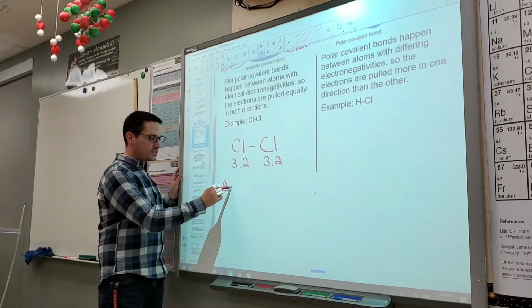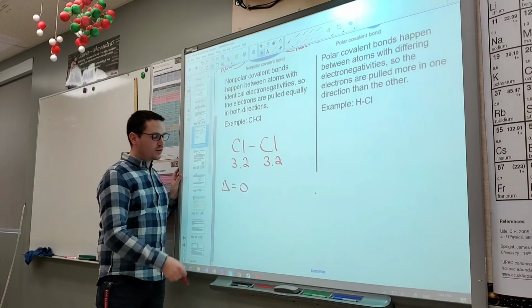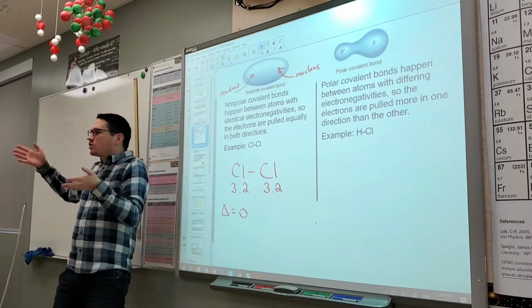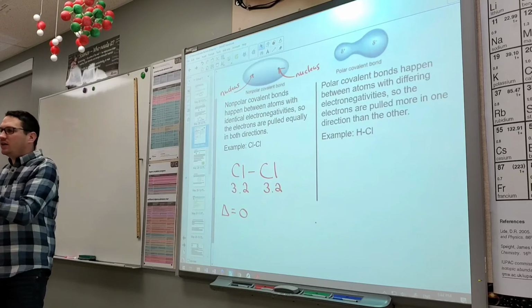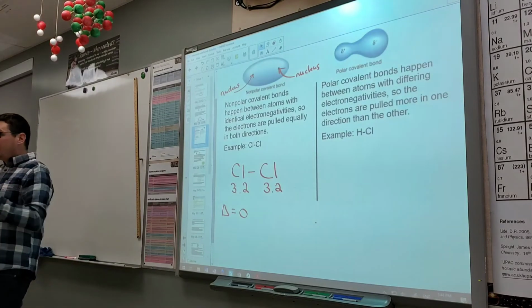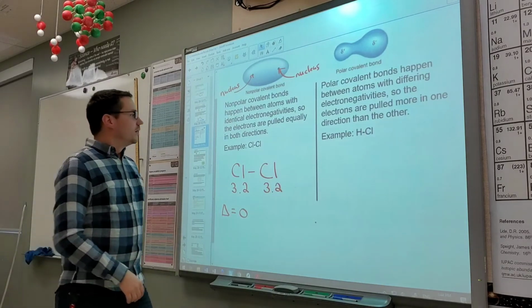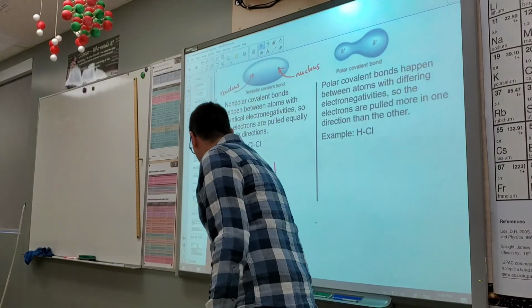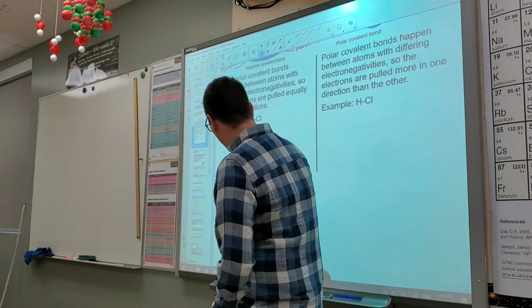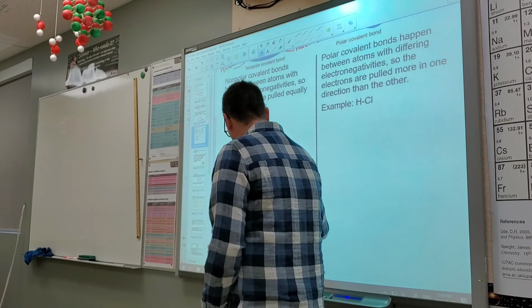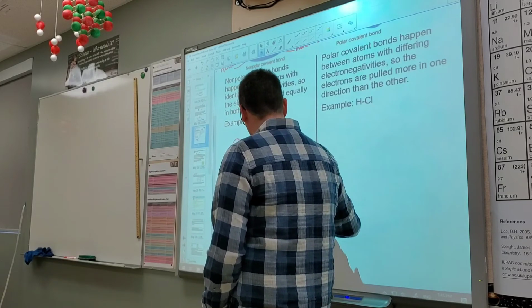Yeah, what's the difference? 0. It's 0. So do you agree that both of these chlorines are equally sharing the electrons? Nobody's winning. Nobody's even close to winning. It's not even close, right? This is what we call a nonpolar covalent bond.